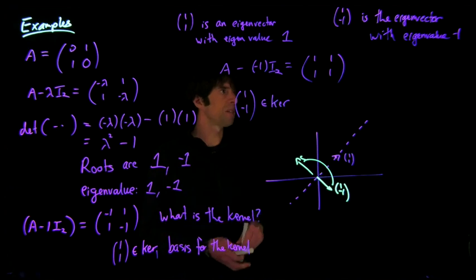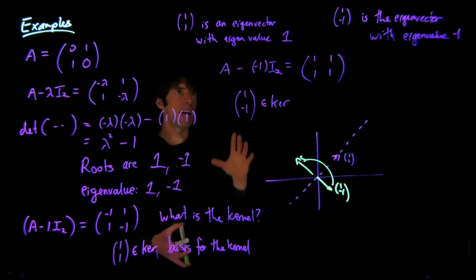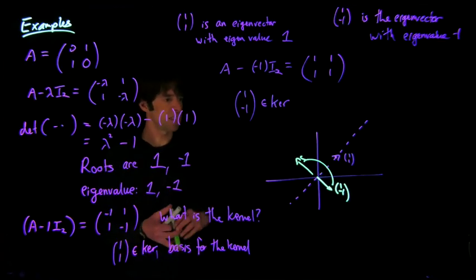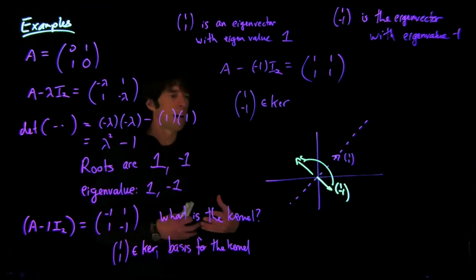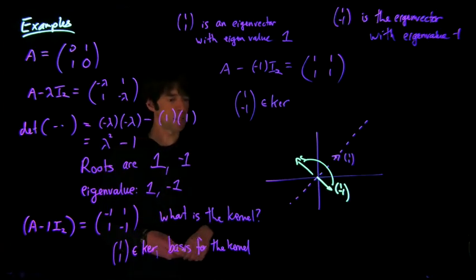The eigenvalue is minus 1. So that completely describes this linear transformation. And in this basis of eigenvectors, it's immediately clear that this is indeed a reflection. So the idea is the eigenvectors can help us see geometrically what the linear transformation is doing.